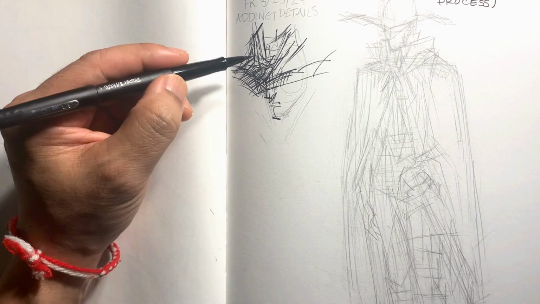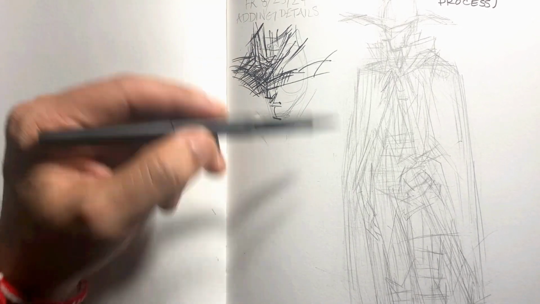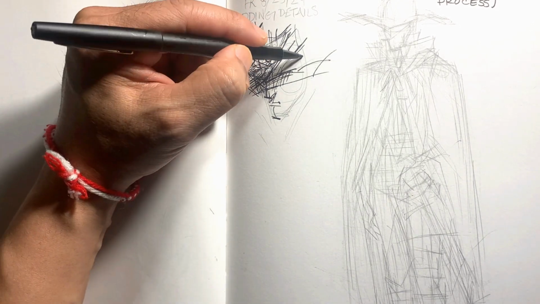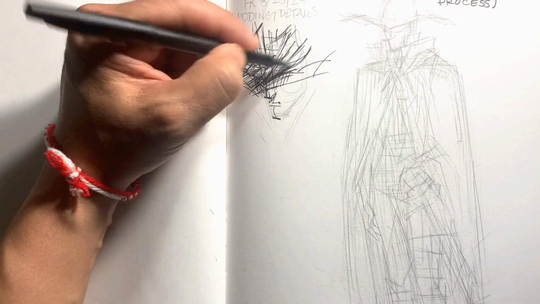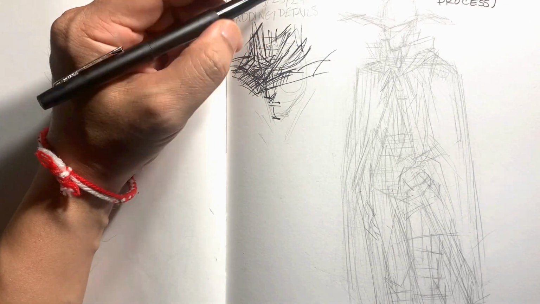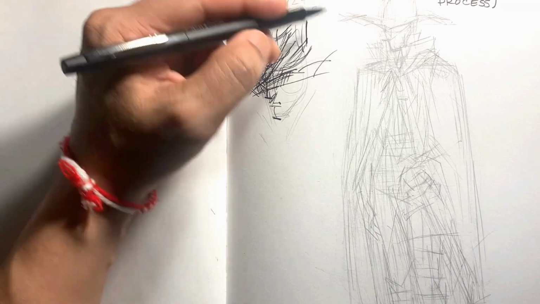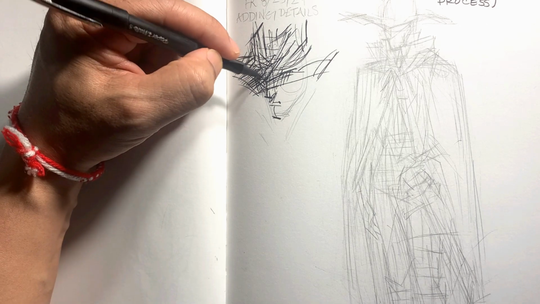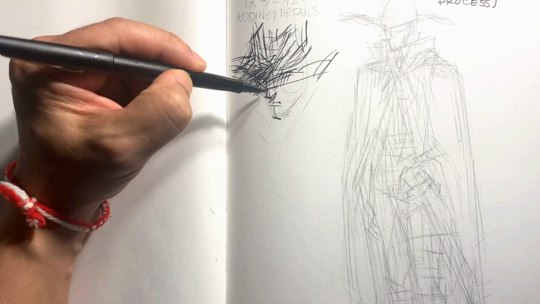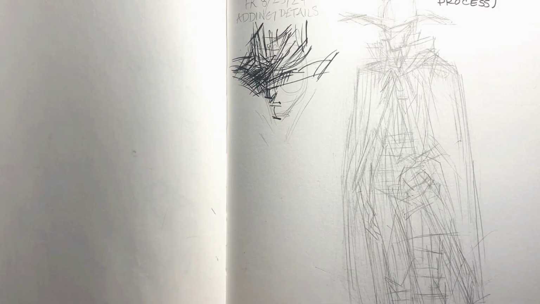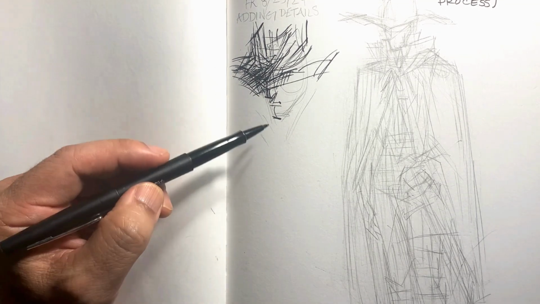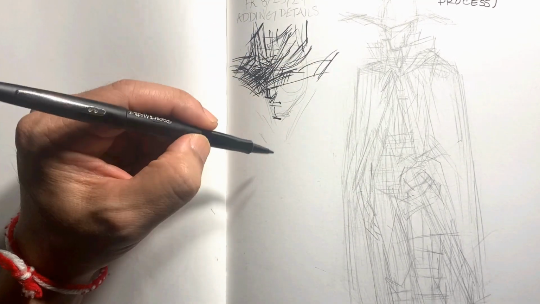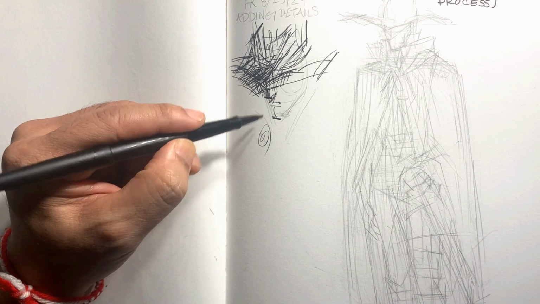But yeah, sometimes it's good to just take the ideas that you've come up with and play around with them some more, because then you can come up with more ideas and also figure out how to draw certain things. If you have questions about certain areas of the drawing, you can just go back to the thumbnailing.